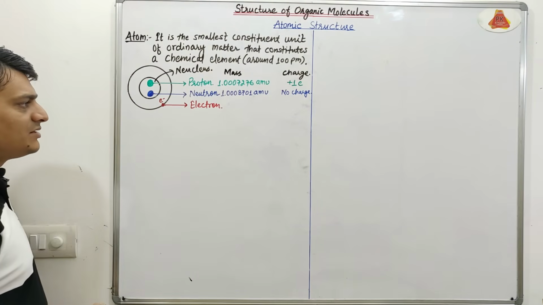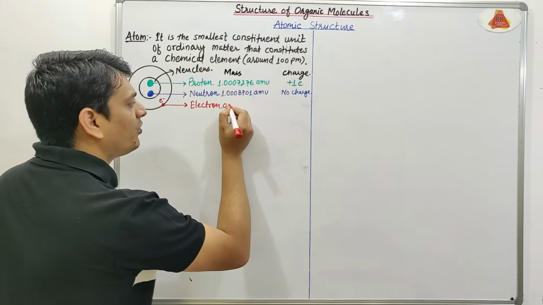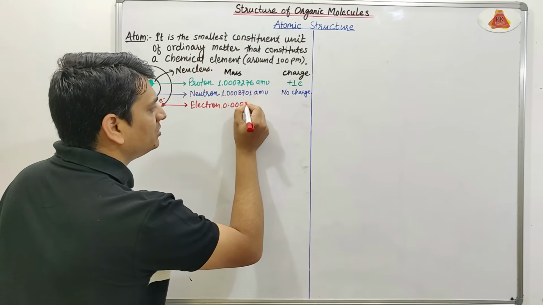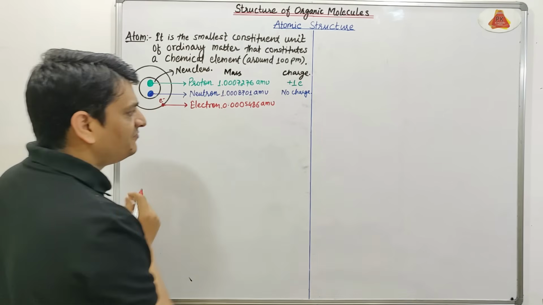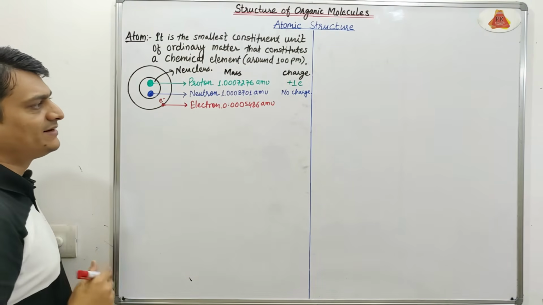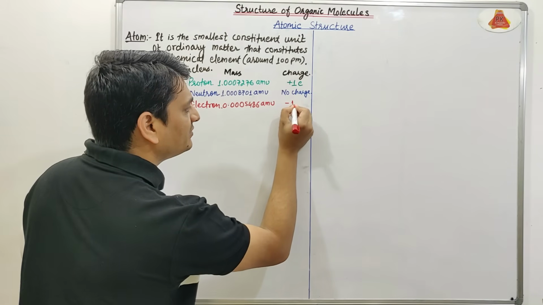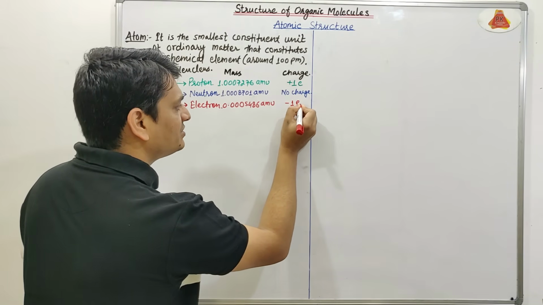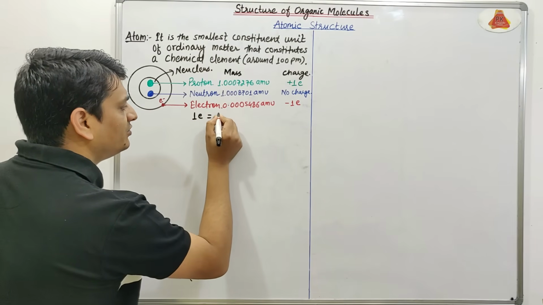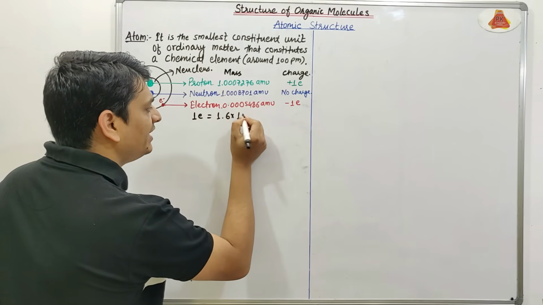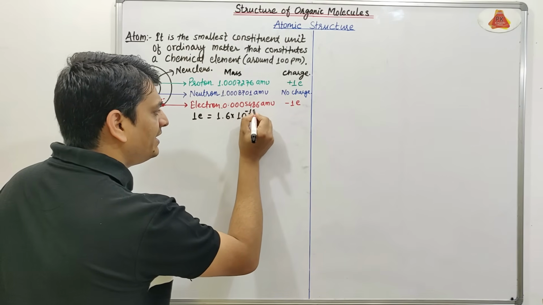Now coming to the mass of the electron, it will be 0.0005486 mu. And the charge of the electron will be -1 elementary charge. Here 1 elementary charge is equal to 1.6 into 10 to the power -19 coulomb.